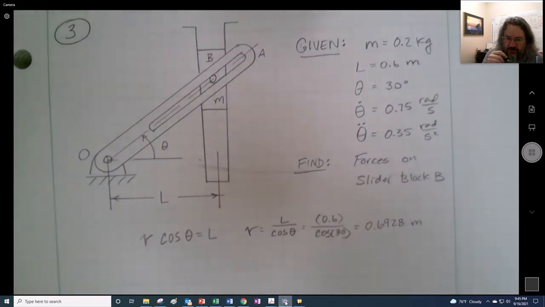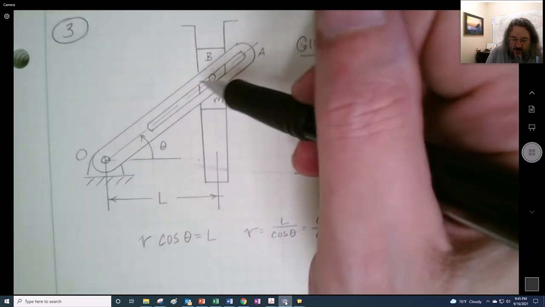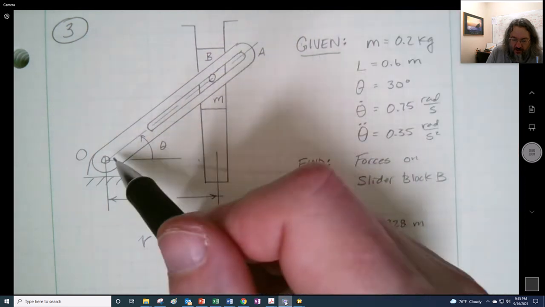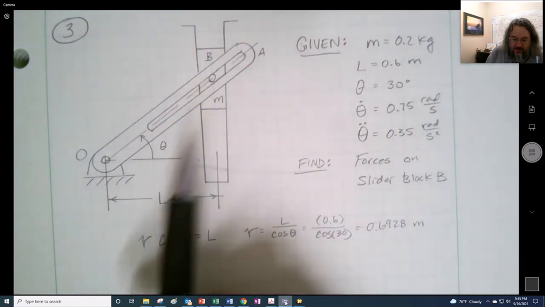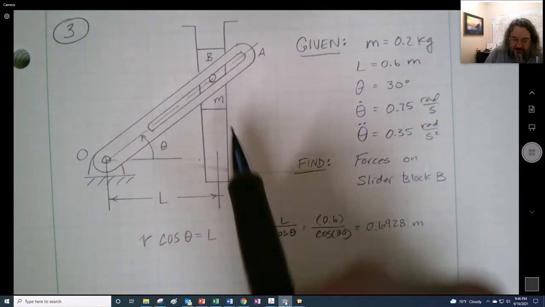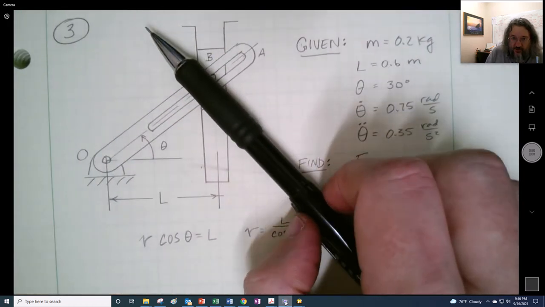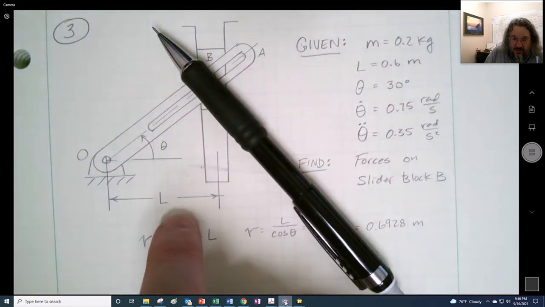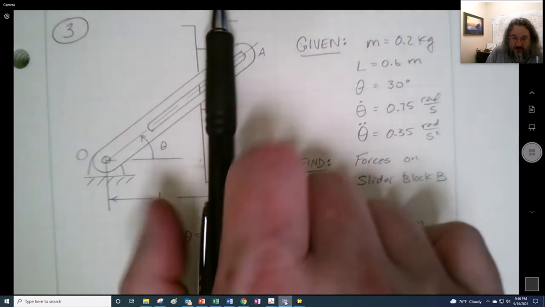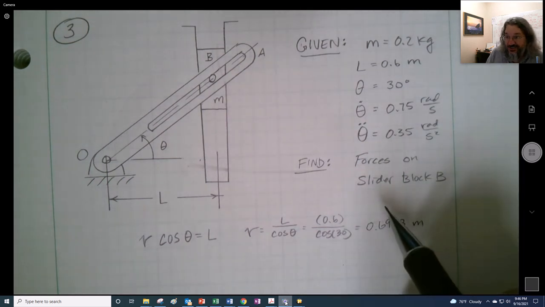We have the angular velocity of this, but we really would like to get an r dot. Because this thing is moving with an angular velocity, this point would be moving r times theta dot, but it can only move upwards. So we have to do a little geometry there.